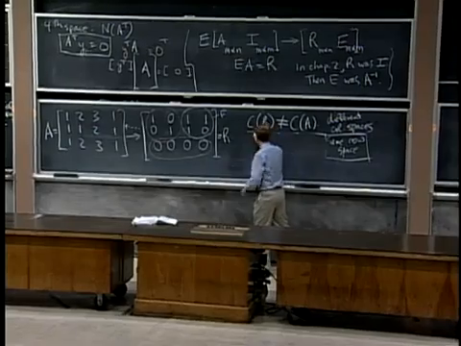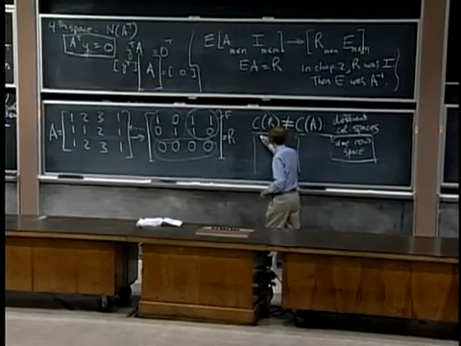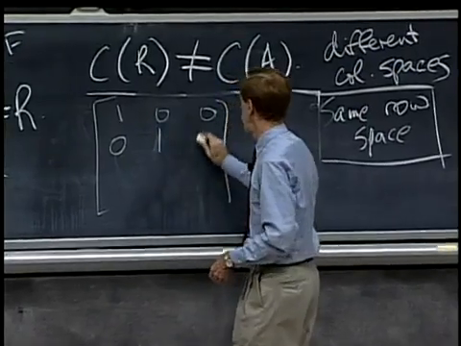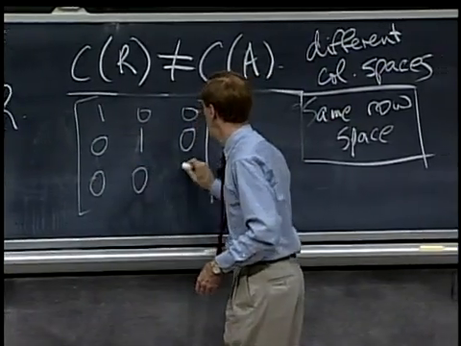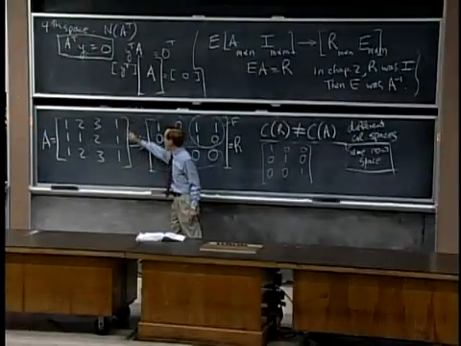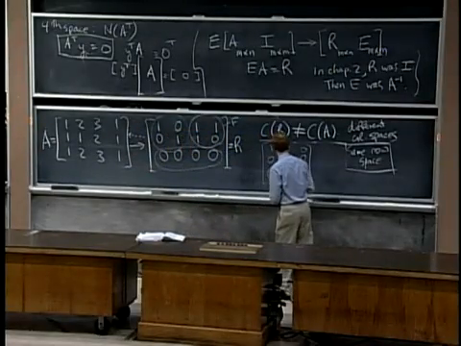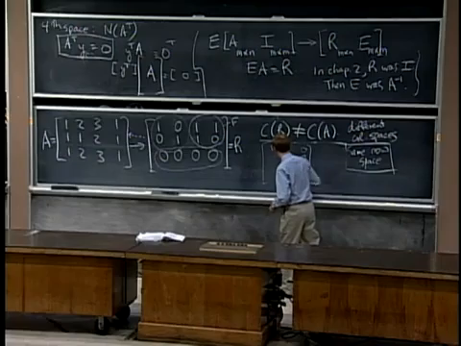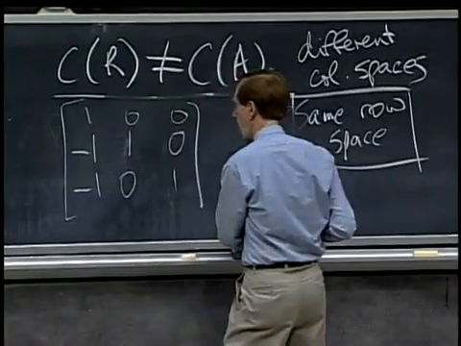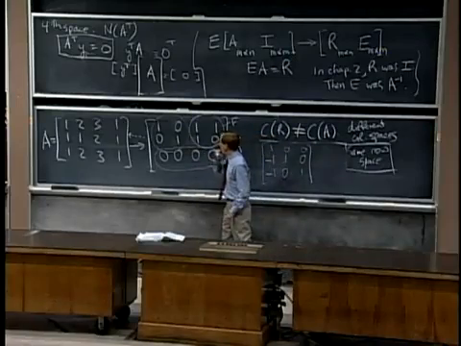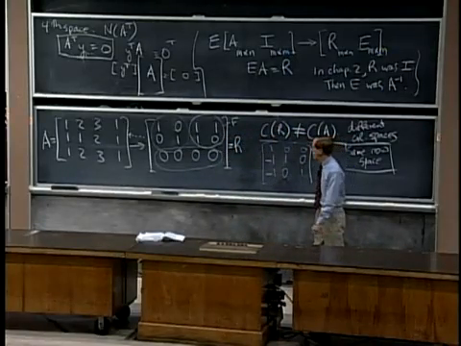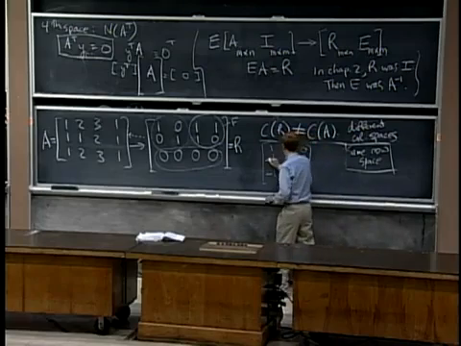Okay, so I'm starting with the identity, which I'll write in light. Okay, what did I do? I subtracted that row from that one and that row from that one. Okay, I'll do that to the identity. So I subtract that first row from row 2 and row 3. Then I think I multiplied, do you remember? I multiplied row 2 by minus 1.